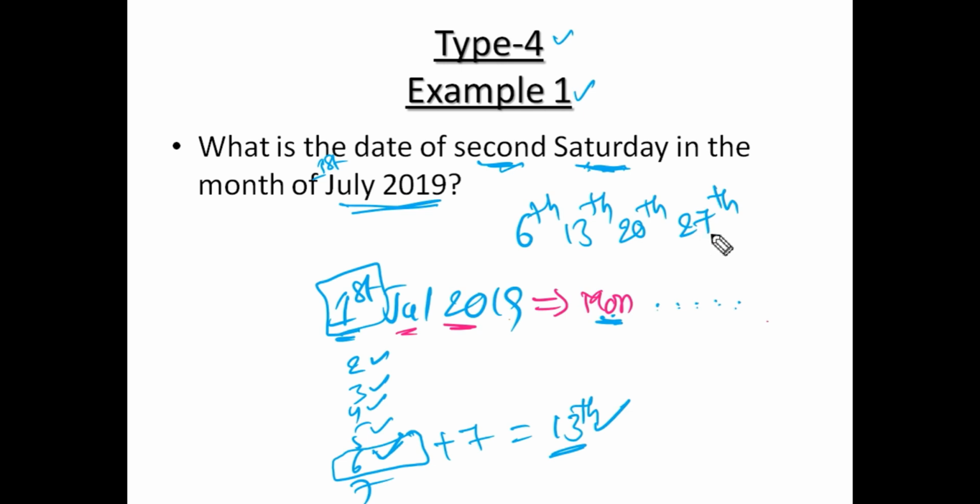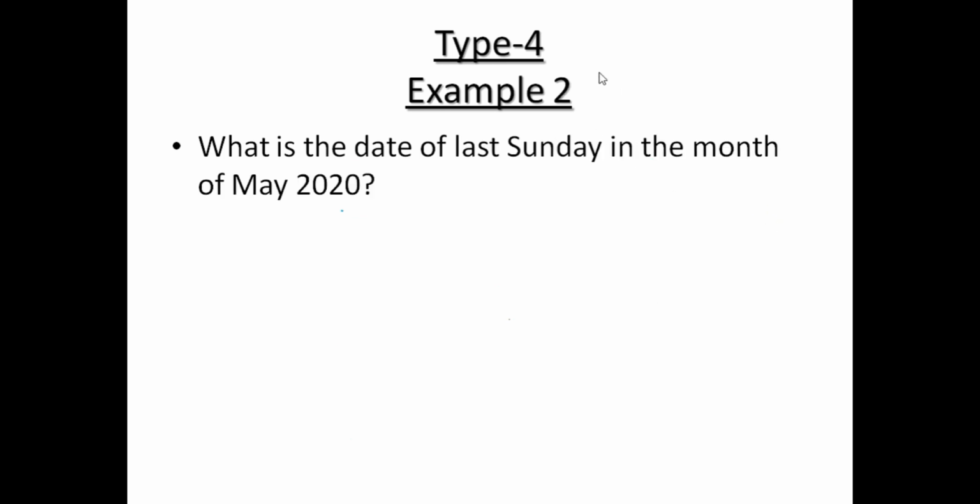And one more Saturday is plus 7: 27 plus 7 is 34, and no month has 34 days. So there are 4 Saturdays in July 2019. Right? To find the number of Saturdays in the month, we don't need to write all this procedure. I'll give one pointer.